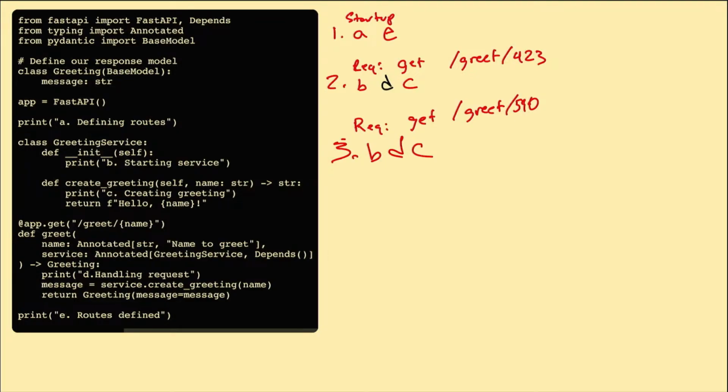Having some comfort with knowing some of these life cycle sequences of what happens when this script first loads, what are the steps that happen as dependencies get injected, and it turns out you can actually have chains of dependency injection, and you'll see this as being very valuable, actually. So greeting service could depend on some greeting database or greeting store that it needs to load, and that can be loaded automatically through dependency injection.